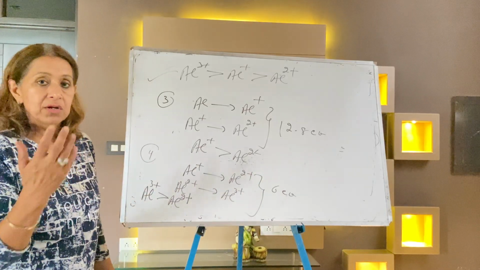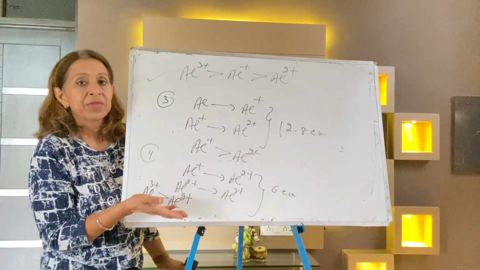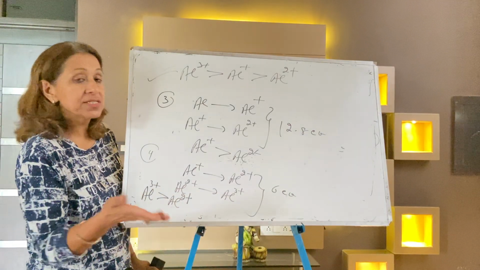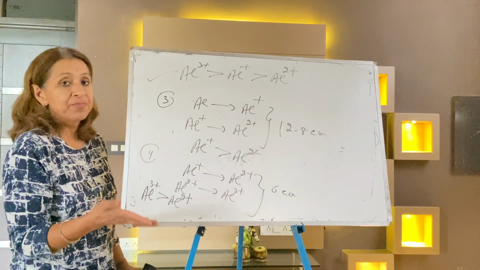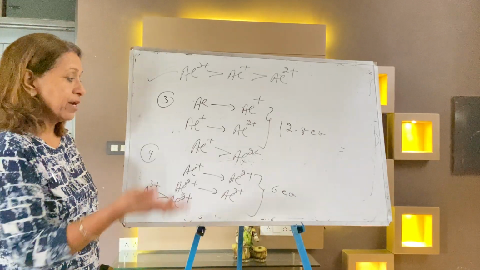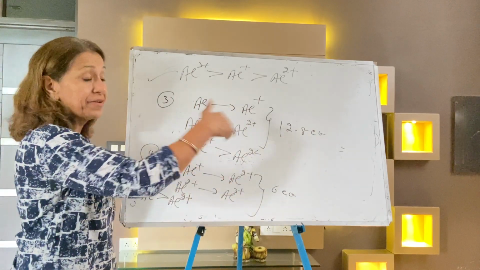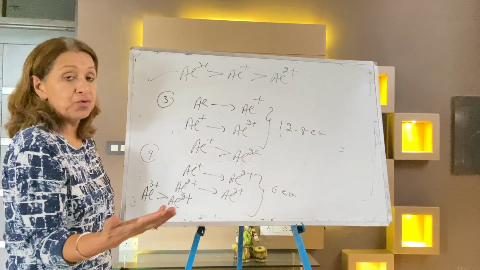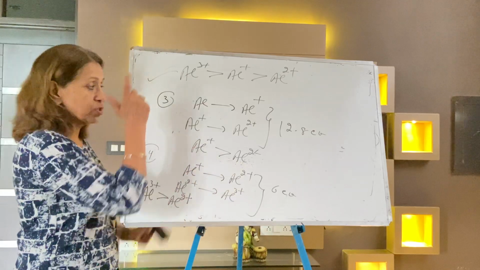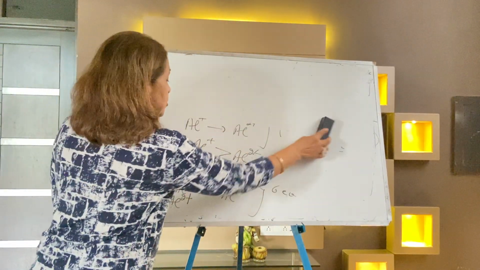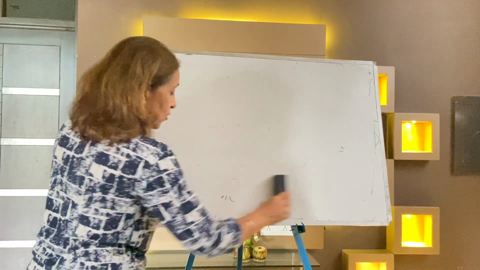But in class 11, just learn this: if the difference between the IE is less than 11 electron volt, very less, then the higher state is stable. If the difference is quite high, it's very difficult to take out an electron, then always lower states are stable. Okay? Now this is ionization energy, the energy required to remove the electron.